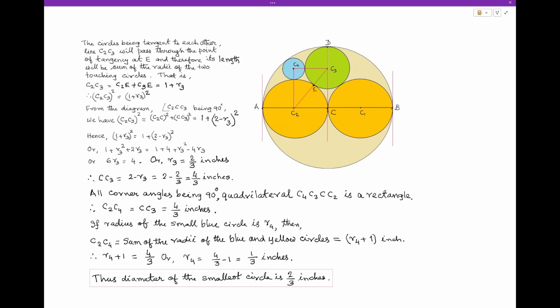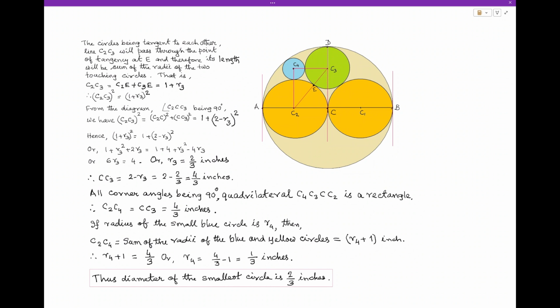From the diagram, angle C2CC3, that is this angle, is 90 degrees. Therefore, we have C2C3 whole square is equal to C2C whole square plus CC3 whole square from the Pythagorean theorem, and that is equal to 1 plus (2 minus R3) whole square. Why? Because we had found out earlier CC3 is equal to 2 minus R3.